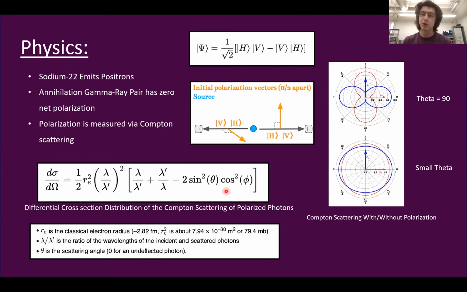It's the plane of polarization, and that's what we use to measure the polarization of the gamma rays. Theta is the polar angle, and we selected a theta of 90 degrees because, as you can see on this diagram on the right, that is the angle that gives us the highest resolution for determining the polarization of our gamma rays.